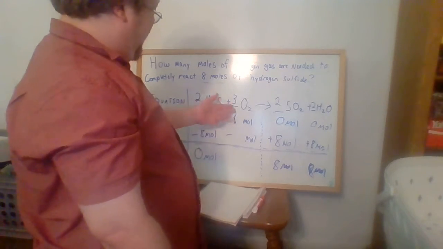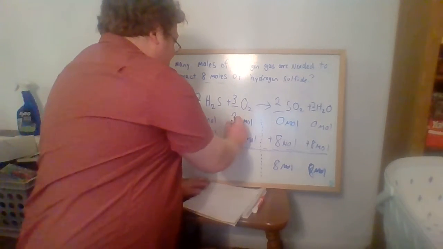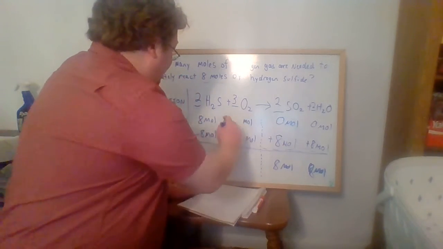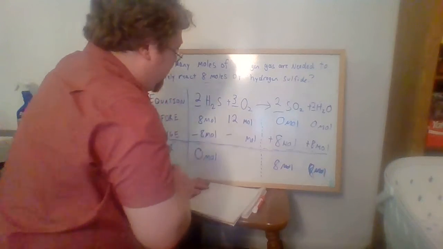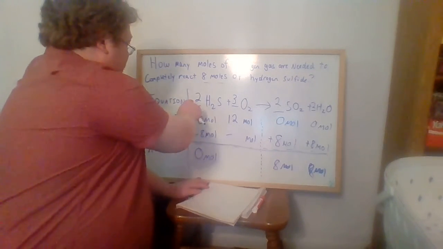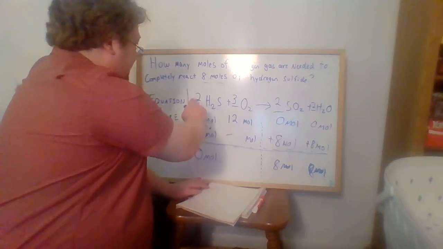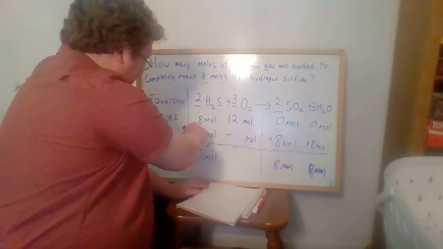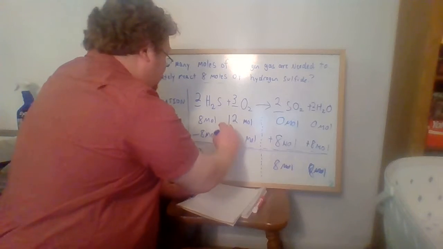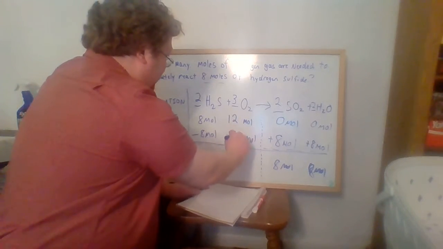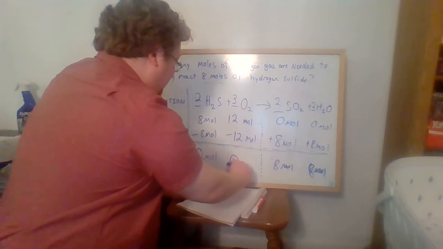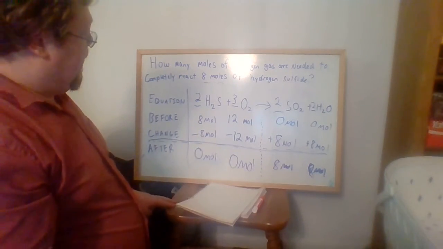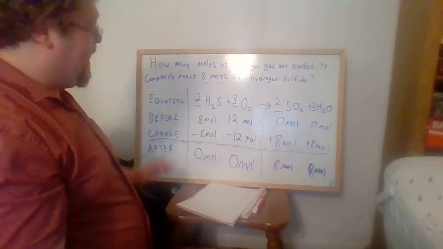So 8 times 1.5, 3 halves times 8, is 12. I must have started out with 12 moles. During the reaction, I'm going to use up all 12 moles, and you're going to end up with 0 moles of oxygen remaining.